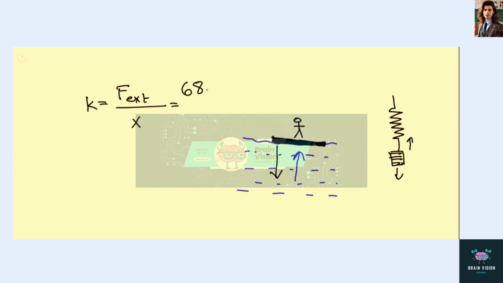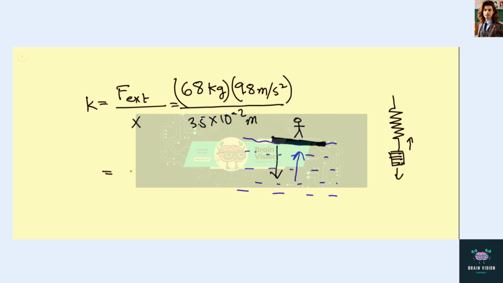So m is the mass of the man, which is 68 kg, times gravity, which is 9.8 meters per second squared, and we divide that by the displacement, which is 3.5 times 10 to the power -2 meter. So that gives us the spring constant as 1.904 times 10 to the power 4 Newton per meter.